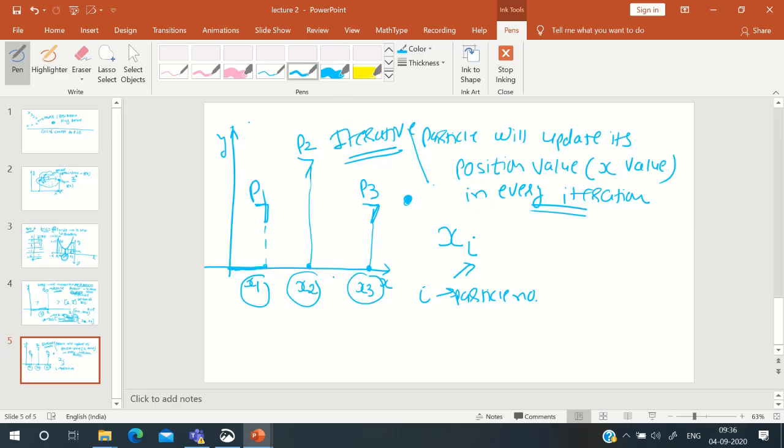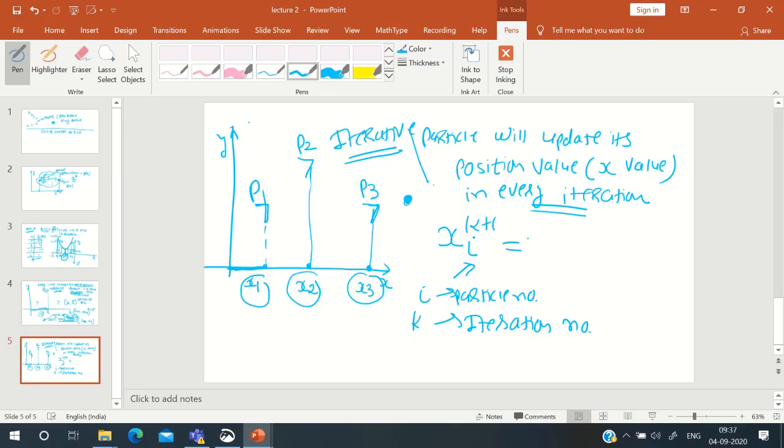And after doing a number of iterations, which depends upon the size of the problem, we will obtain the final solutions. So we will start from the initial case and update the position. So xi of k plus 1, where k is the iteration number.